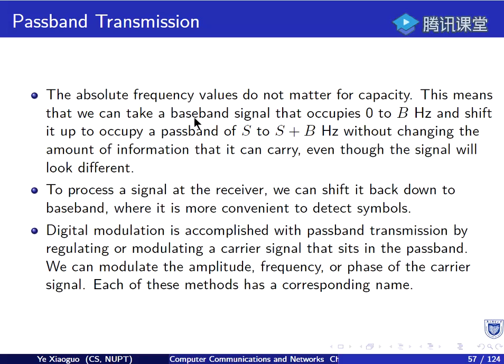We can take a baseband signal that occupies 0 to B Hz and shift it up to occupy a passband of S to S plus B Hz without changing the amount of information that it can carry, even though the signal will look different.